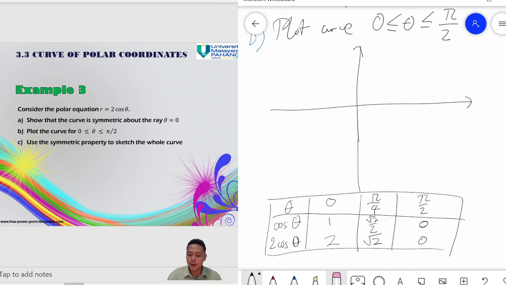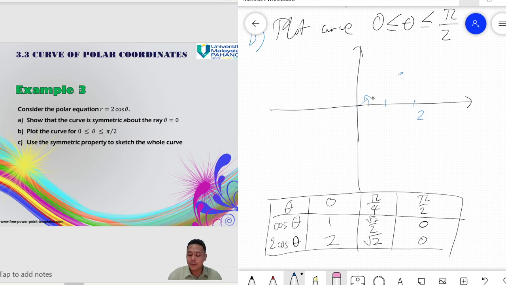Okay, this will be a little bit brief idea that I happen to know if the degree is 0 here, then it will be at 2. Okay, then when the degree is 45, pi over 4 or 45 degree here, then it will be somewhere around here.